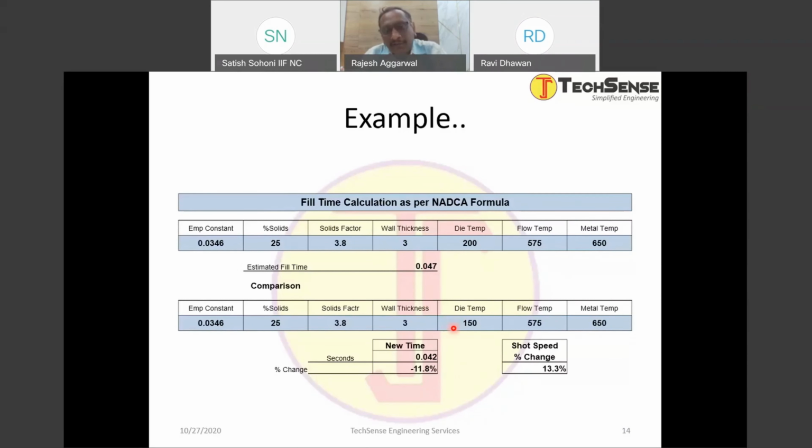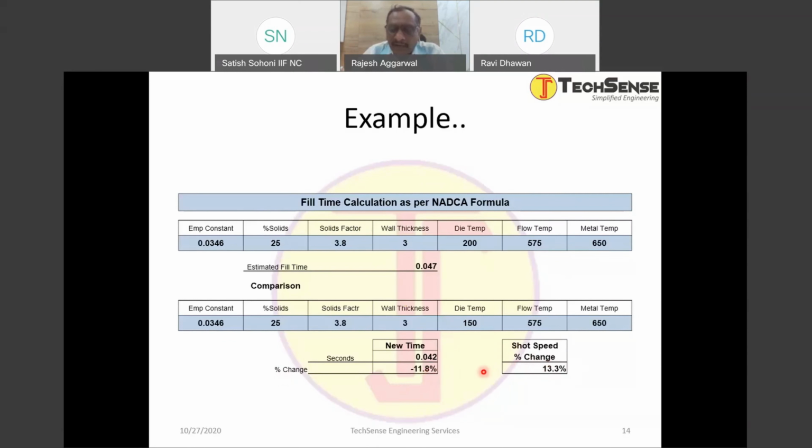With the reduced die temperature, the requirement on the fill time increases, meaning I have to fill the cavity in a much shorter fill time. How much? We can see about 11.8% less fill time. Just as a comparison, to achieve this less fill time, I will have to increase the speed of my plunger by 13%. We will come back to this point again in detail in the upcoming slides. This is just for comparison purposes, to see what is the impact and what is happening.